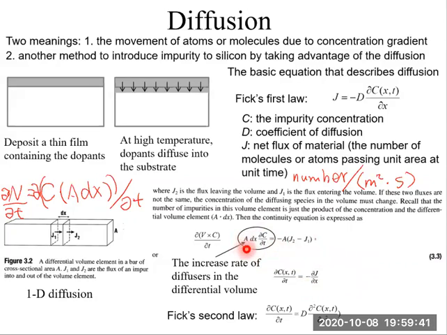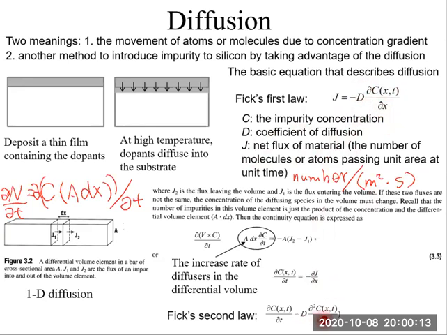Then we can divide both sides by A dx. The left side becomes partial C over partial t, and on the right side A is cancelled, so it's simply negative partial J over partial x. And J is the net flux of material, which we already know from the first law. So we can replace J with negative D times partial C over partial x.